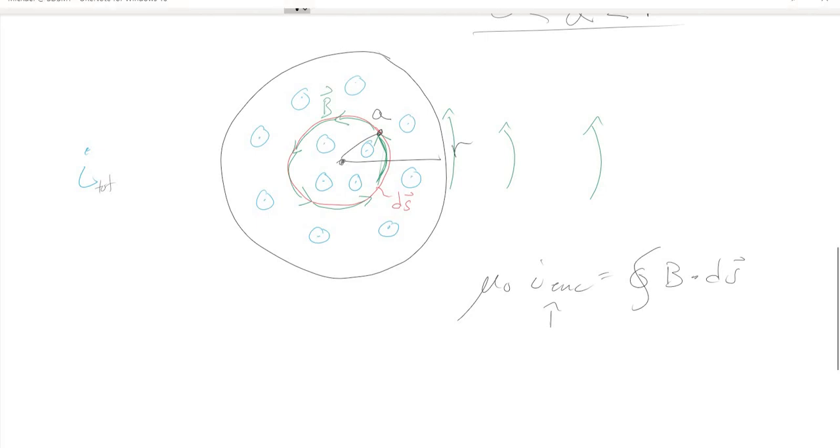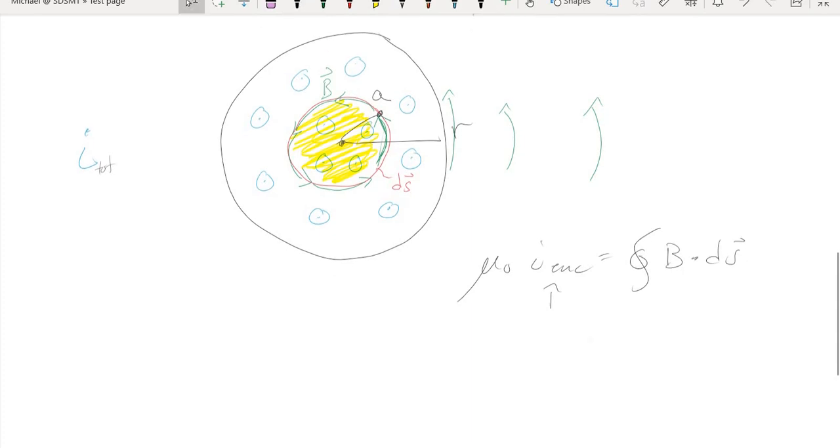It's only containing this portion of the current. And that's the portion that I need to figure out. I need to know how much current is actually passing through my Amperian loop.